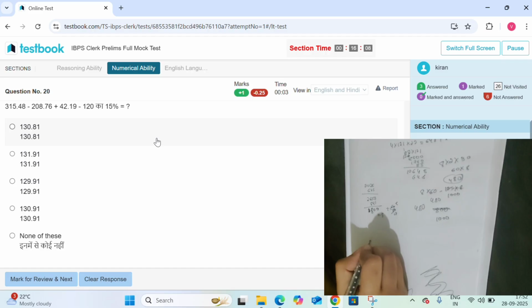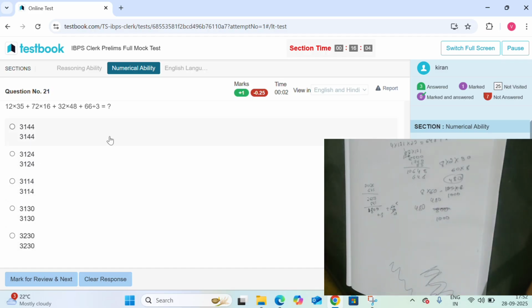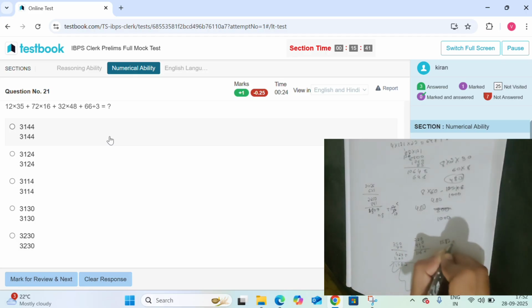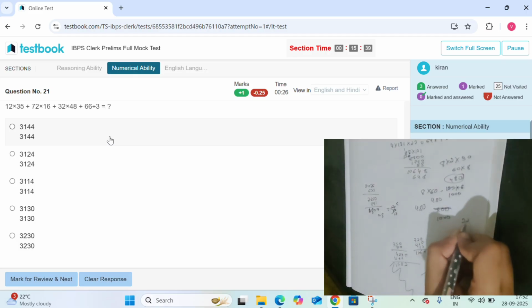315.48 minus 208.76. Okay, I will use it later. 12 into 35, that is 420, plus 720 and 420 and 12, that is 1162, which is 1582 plus 22.